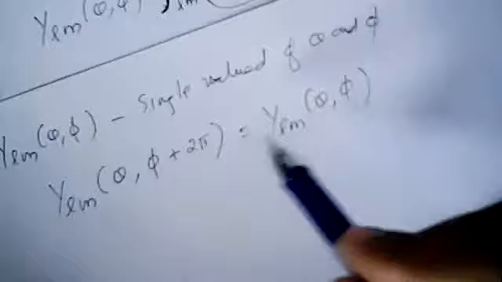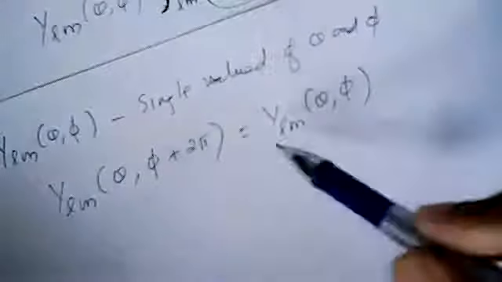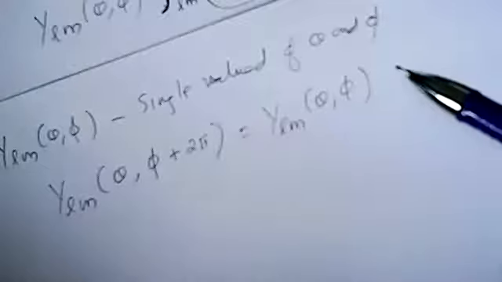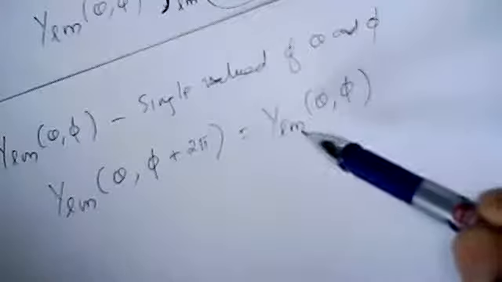This is single valuedness. It means after a 360-degree rotation, the solution is same. Y_lm should be same after 360-degree rotation, because this is orbital motion, circular motion.